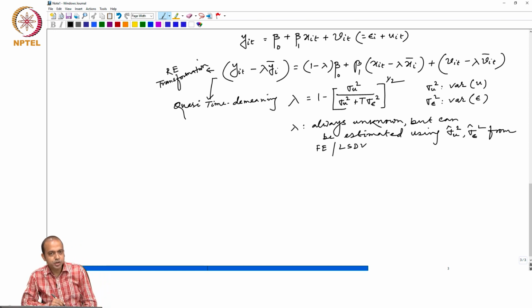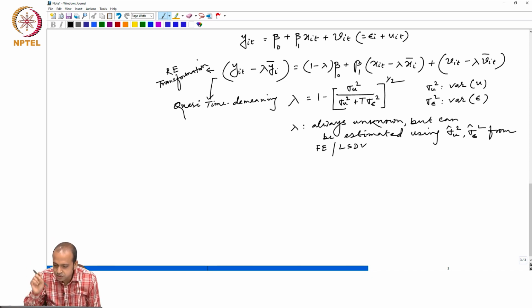Fixed effect transformation is called time demeaning because that was yit minus yi bar. Here we are removing only a fraction of yi bar, lambda fraction of yi bar, and here also lambda fraction of xi bar. That is why, instead of calling it time demeaning, the random effect transformation is called the quasi time demeaning model, right.